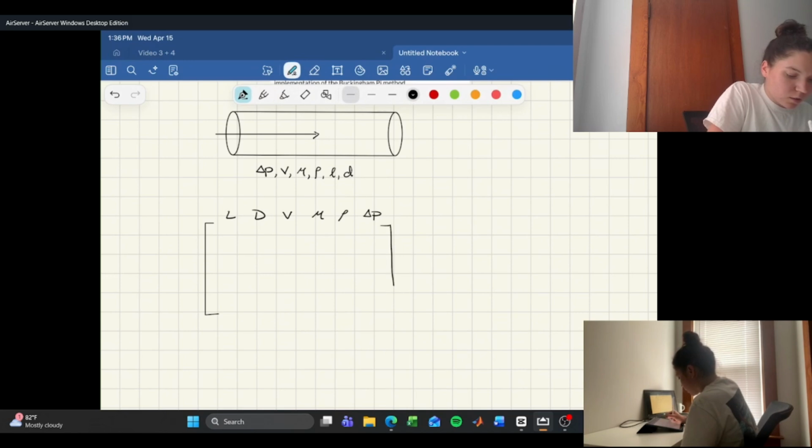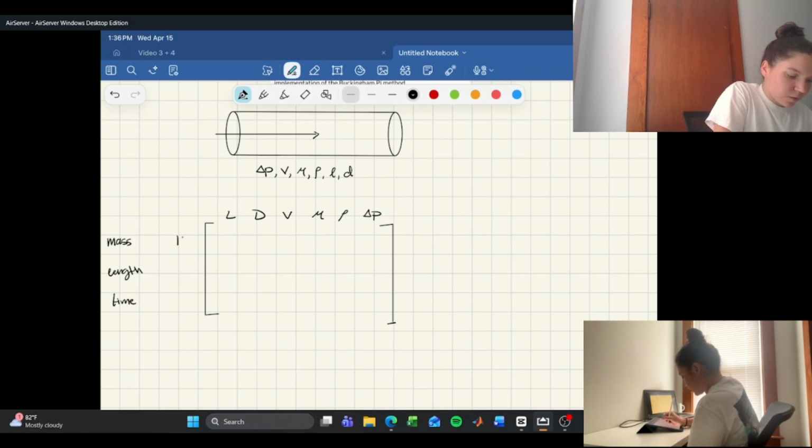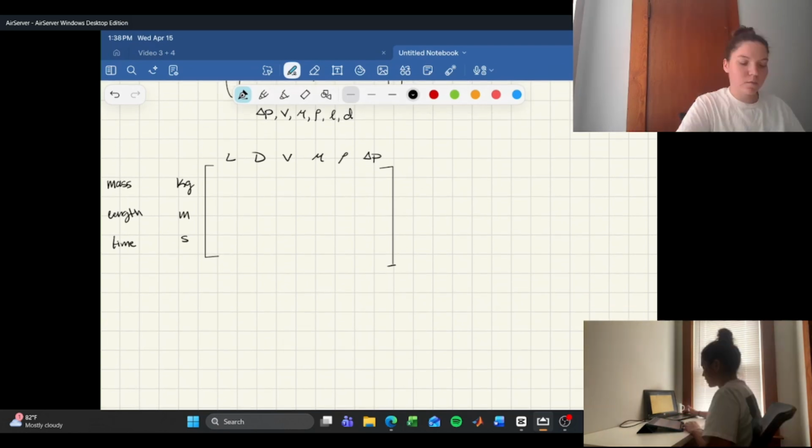And all of these variables are going to be related based on their mass, length, and time. And we can say these units are kilograms, meters, and seconds. So this is how we're relating all of them together.